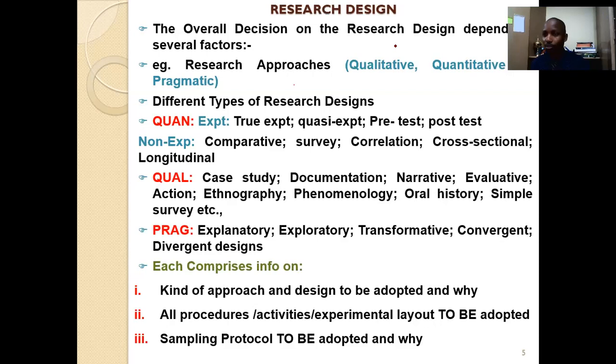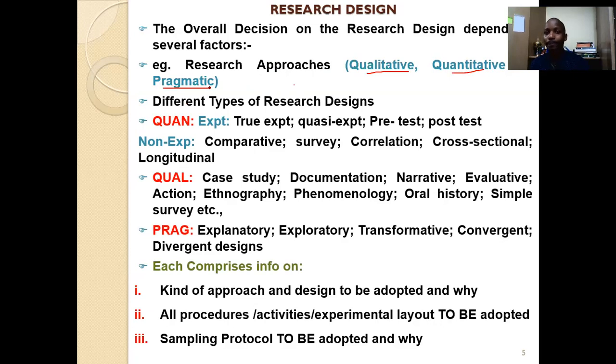There are several approaches, as I said. Some of the common approaches, which I am going to use as an example today, though there are others depending on the criteria, are the ones most of us probably know: the qualitative approach, the quantitative approach, and the pragmatic approach, the mixed approach.